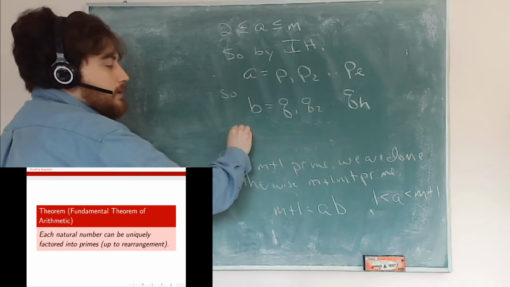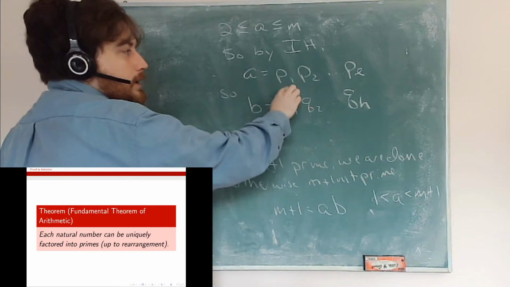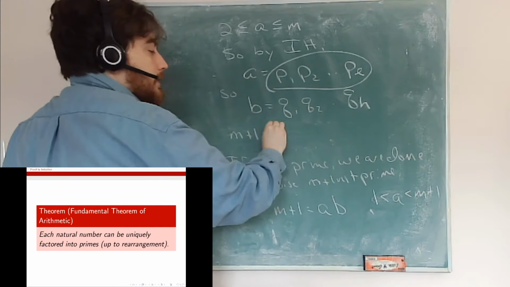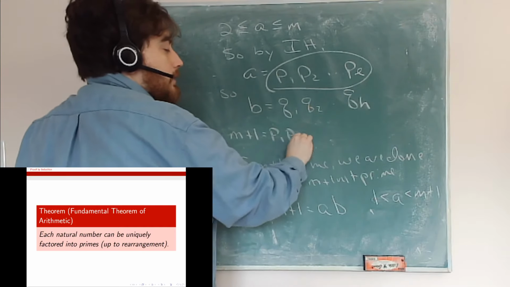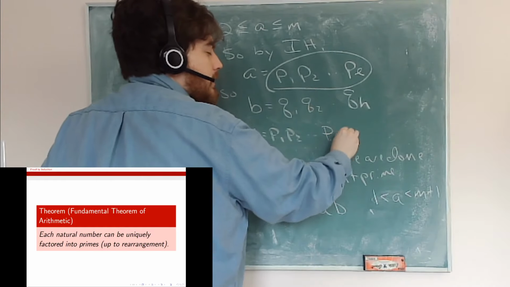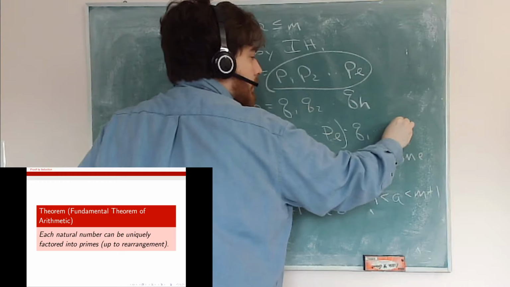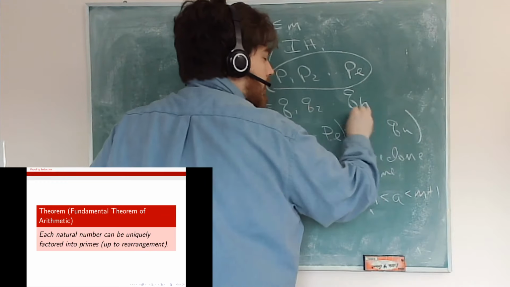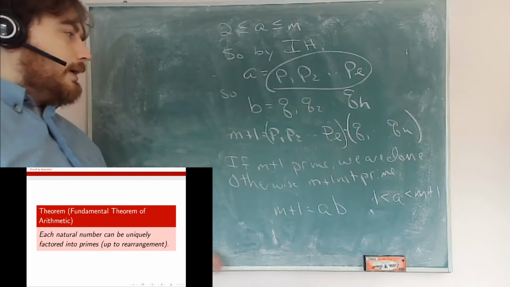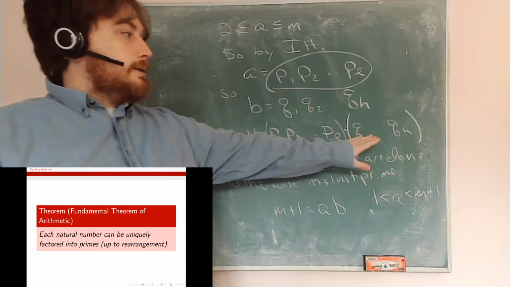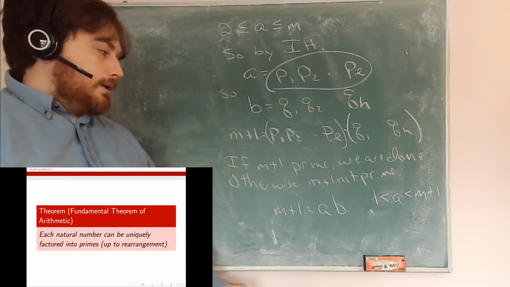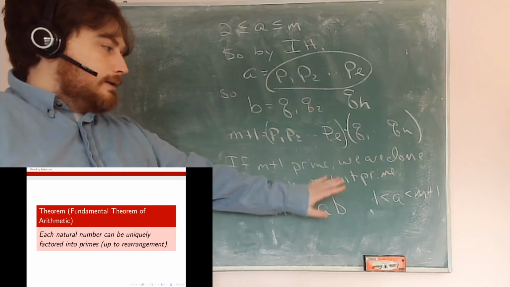Therefore, m plus 1 can be written as a, which is p1, p2, through pl, times b as q1 through qh. So what we've done is we've actually written m plus 1 as the product of primes using our induction hypothesis.